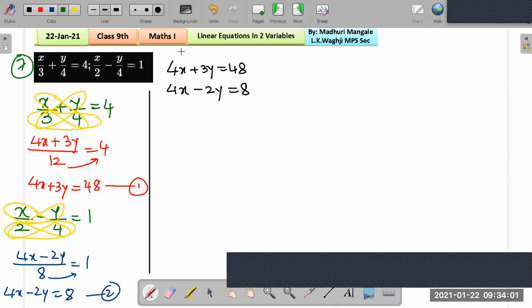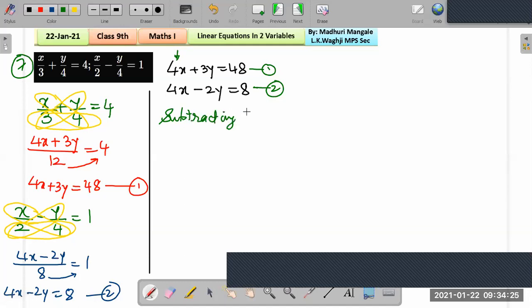So comparing, we see the x coefficients are exactly the same. This is equation 1, this is equation 2. And now both the signs are the same. So should we add? Adding will give us 8x. Or should we subtract? We subtract so that the x terms will get crossed out.